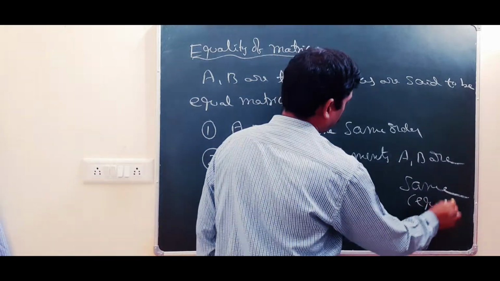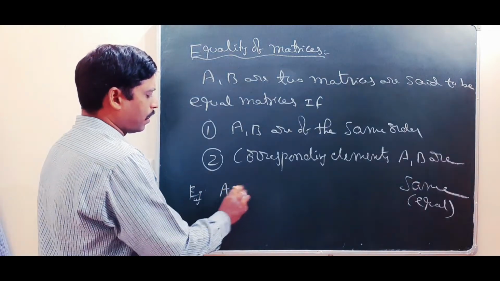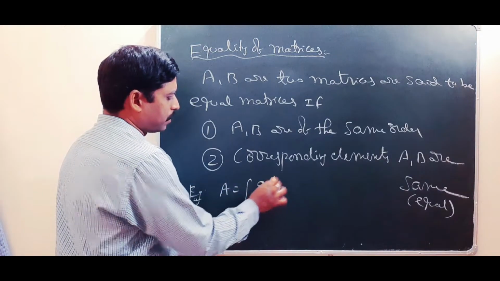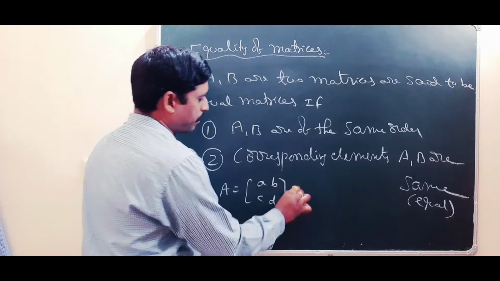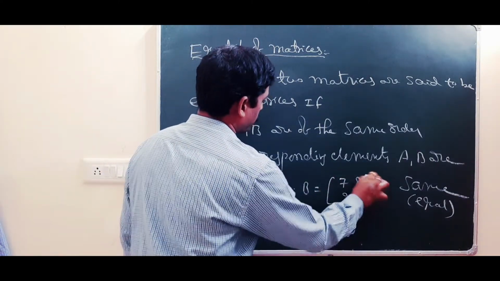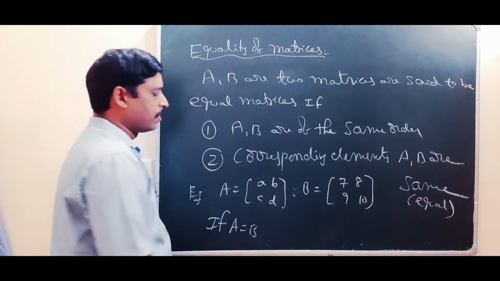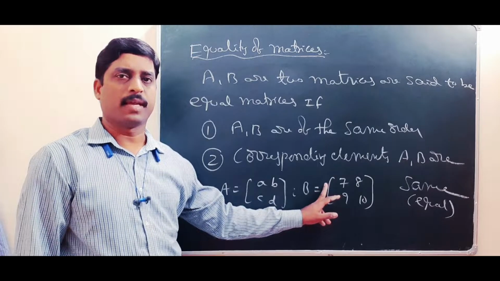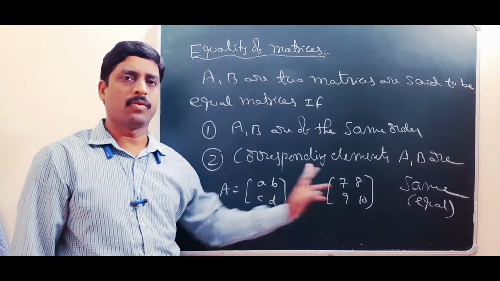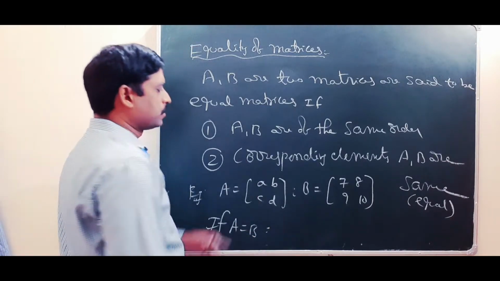I give one example. A having a, b, c, d elements, B having 7, 8, 9, 10. If A is equal to B, where A and B having same order, so both are 2 by 2 matrices. If A is equal to B, so what is the second point?